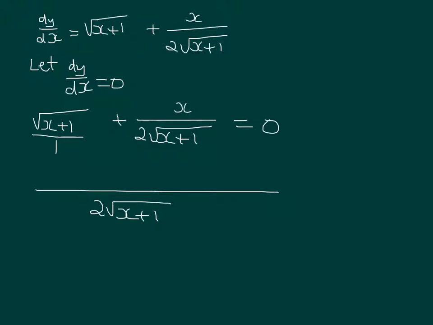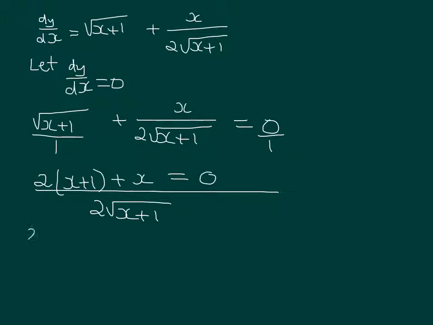So if I multiply by it, there's a 2 there, and then root x plus 1 times root x plus 1 is just x plus 1, plus, and I've not changed this at all, so I don't need to change the top, or in essence I'm multiplying it by 1, equals, and even though that's over 1, if I times the numerator by that, I still get a 0.